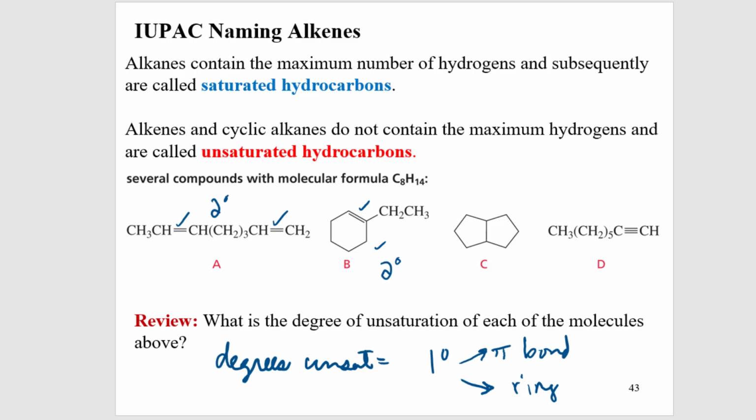C has 2 rings, no pi bonds, but each ring counts as a degree, so this is 2 degrees of unsaturation. And the last one has a triple bond. So this triple bond, there's 2 pi bonds and a sigma bond that make up the triple bond. So this is also 2 degrees of unsaturation.